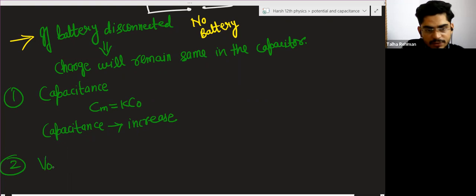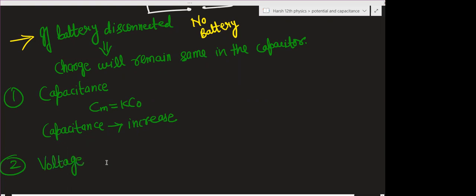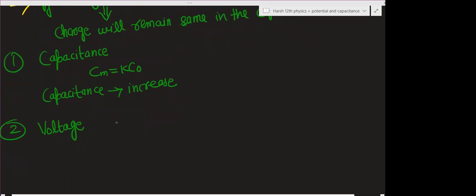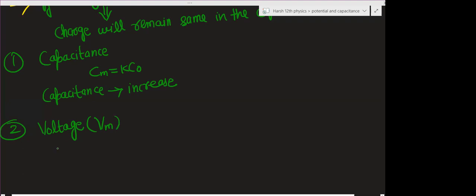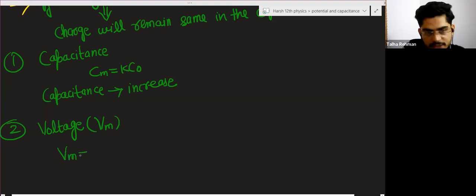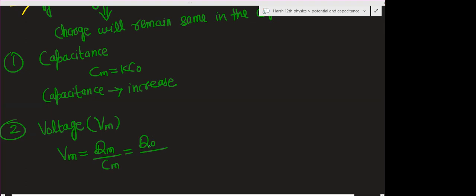If I want to calculate the voltage, Vm, voltage is equal to charge divided by capacitance, and we know that charge remains the same.